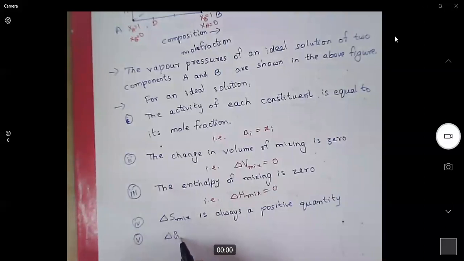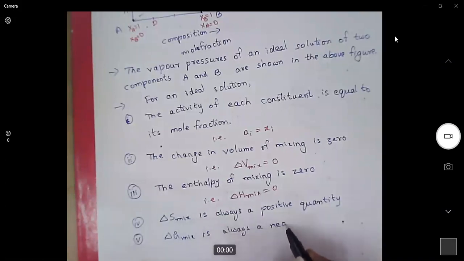Similarly, free energy change, delta G. Free energy change is always a negative quantity. As we know, for a spontaneous reaction, delta G, free energy change, must be a negative quantity.